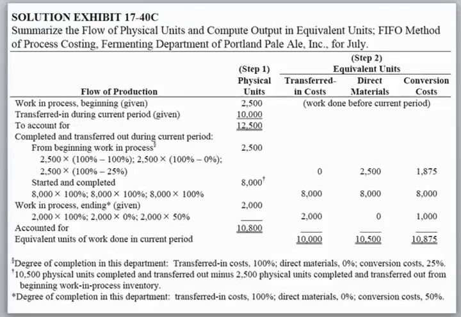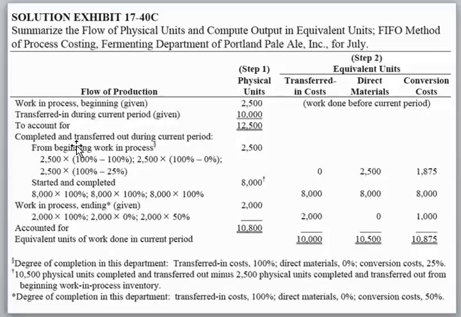The other method, which is the FIFO, get the physical units and compute the output in equivalent units by using the FIFO method. As we know, we will start with the beginning work in process and transferred in during the current period, the same in both weighted average and FIFO, this step.